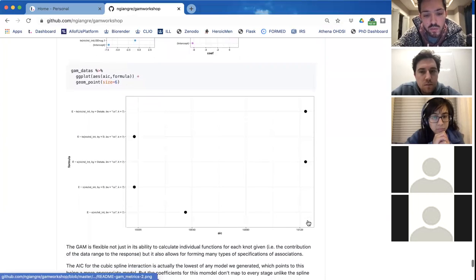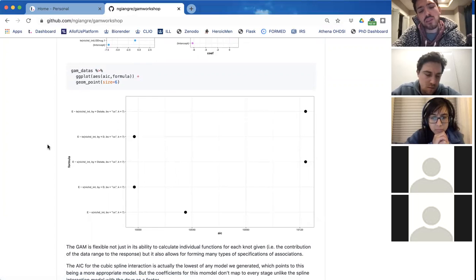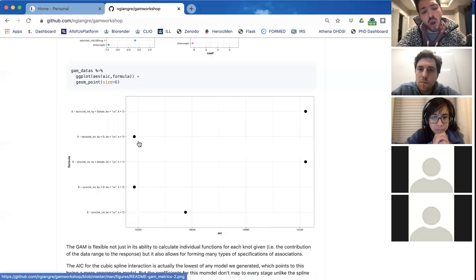And then last thing, I look at the AIC in the model. And again, I see that the interaction models have a lower AIC, and actually, because they're below 10,000, those are lower than the linear models that were above.